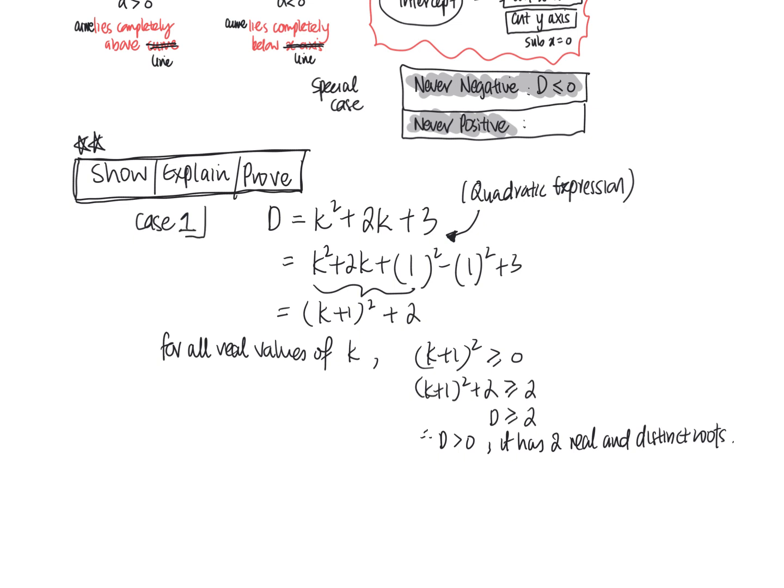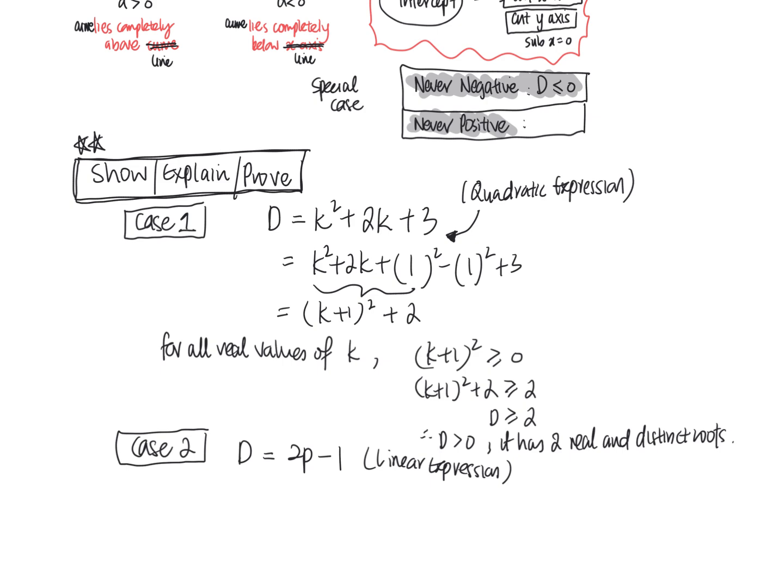Another type is where it is not a quadratic, but let's say you get a linear expression for your discriminant. Then you don't know what to do with it because there's no bracket square.